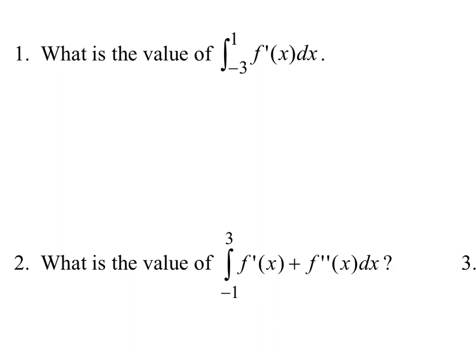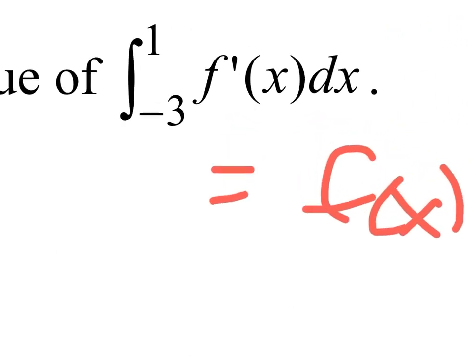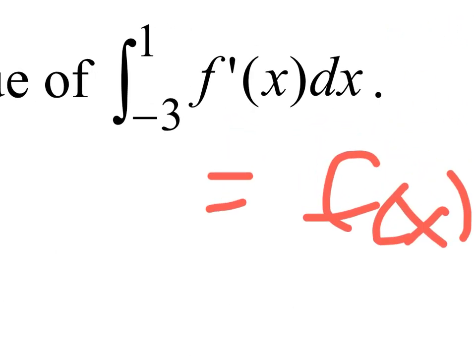Going backwards, right? So the answer here will be f of x from -3 to 1. In case you didn't see it, there is a prime there. When you integrate a derivative, it turns into the original function.